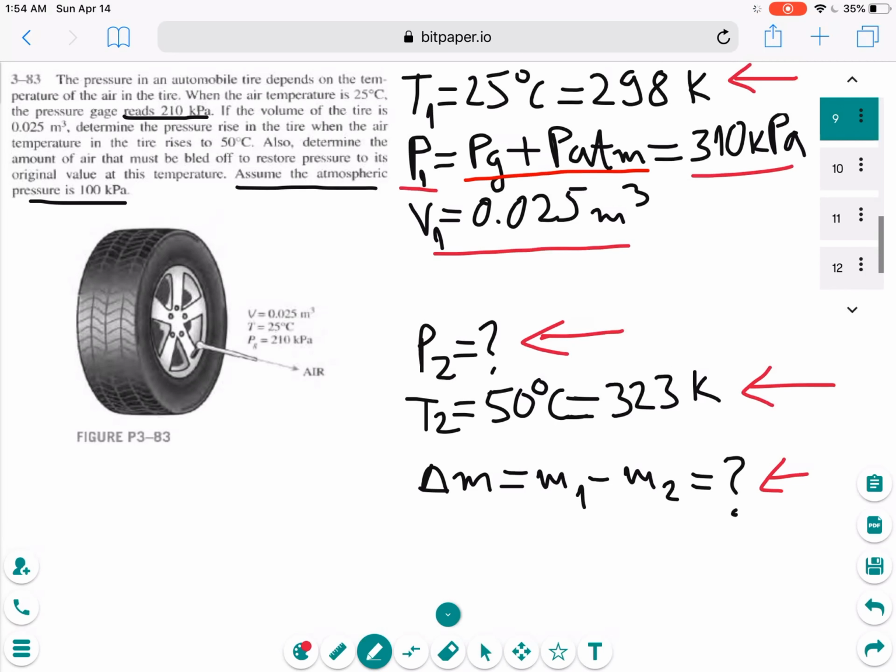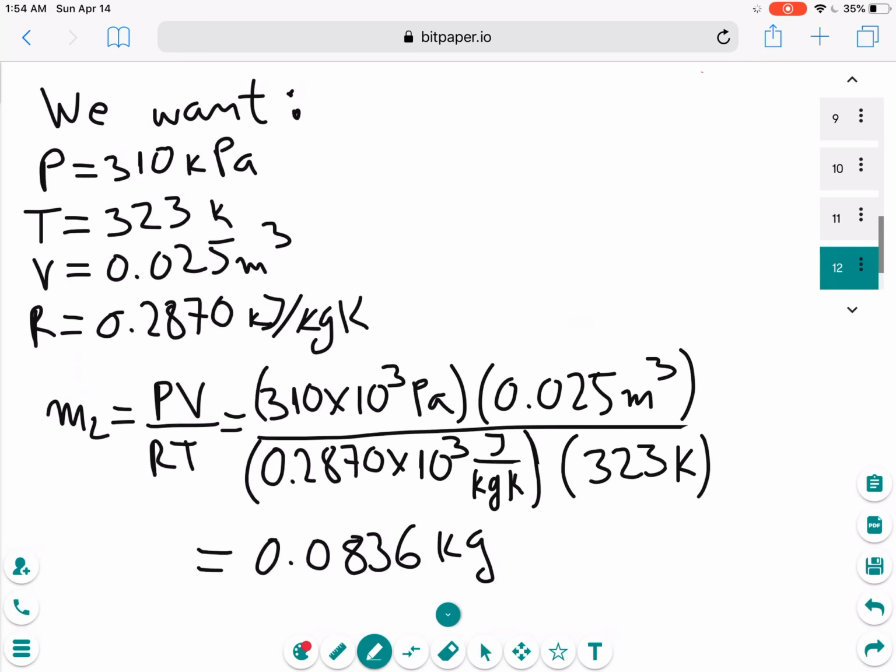So we want to create conditions where, so this is what we want. We want a pressure of 310, but we don't want temperature 1, we want temperature 2, which is 323. The volume is not going to change, and the R constant is just read from a table.